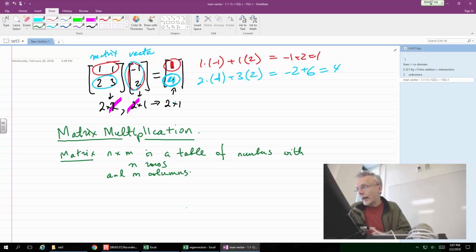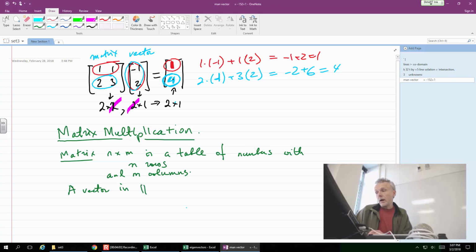So that's what we're looking at right now, how to multiply matrices. And the simplest example is this. Well, not the simplest, but certainly where we came from: multiplying a matrix by a vector. But what is a vector if not just a matrix of a particular size? So from that point of view, a vector in Rn is an n by 1 matrix.